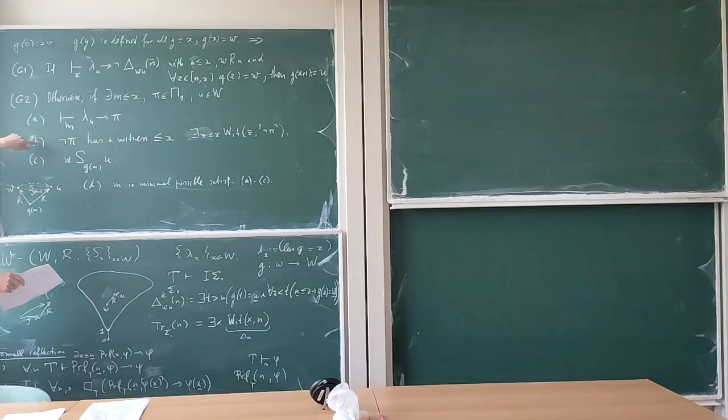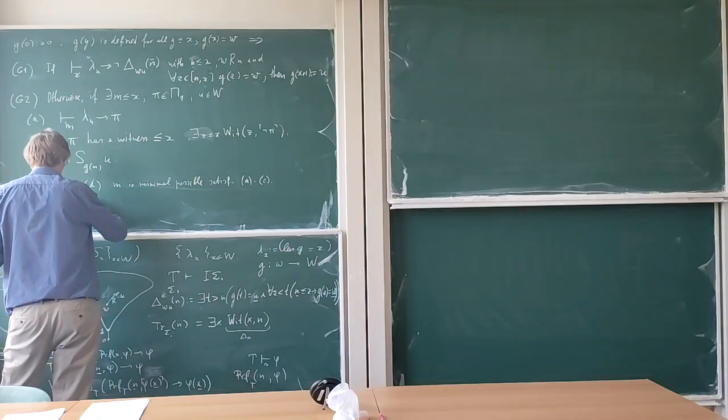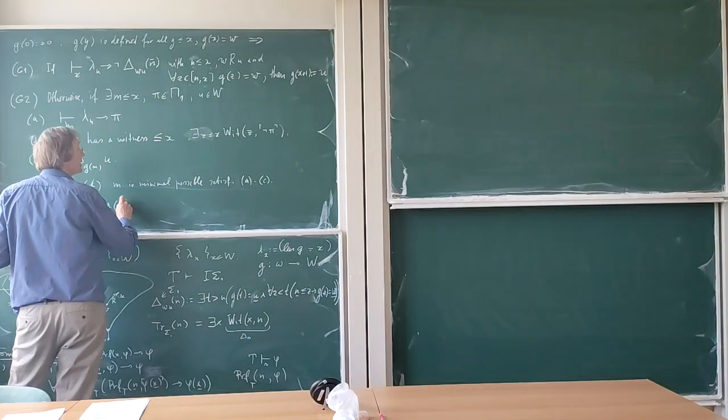So there are conditions A, B, C, D, and of course if they are all satisfied, then we say that G of X plus 1.